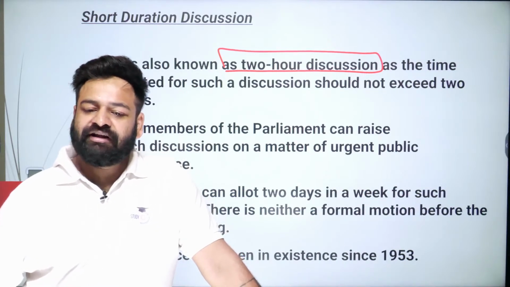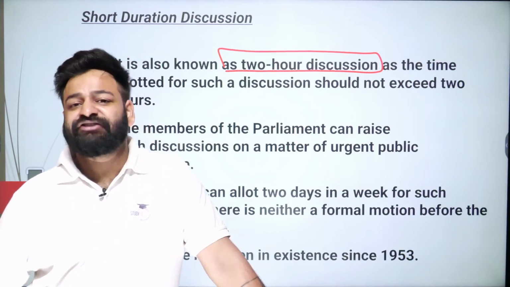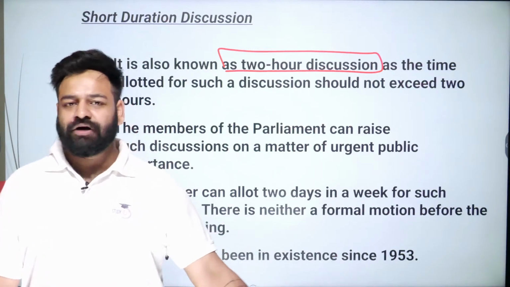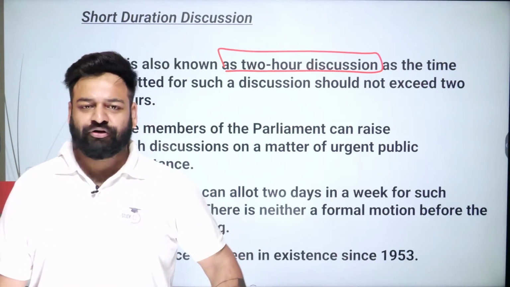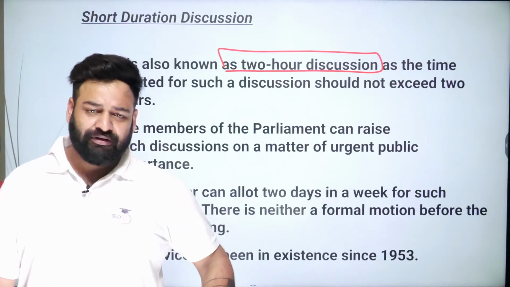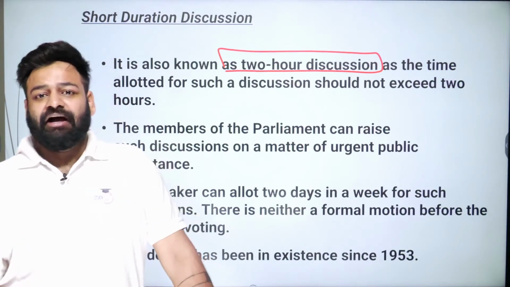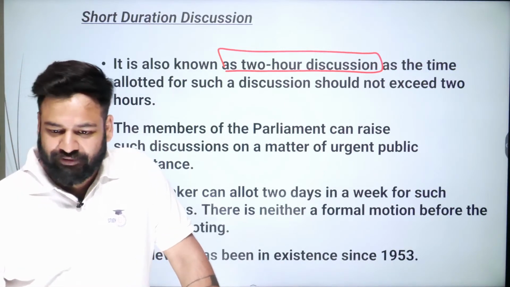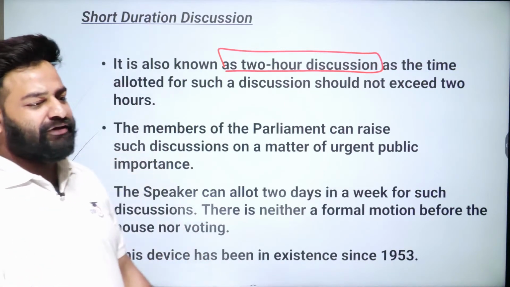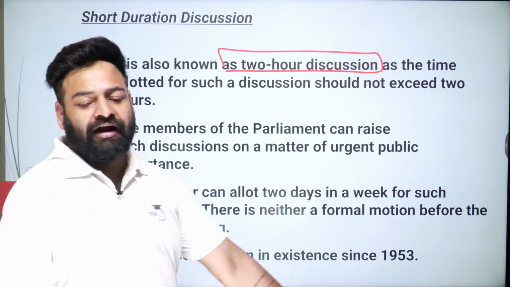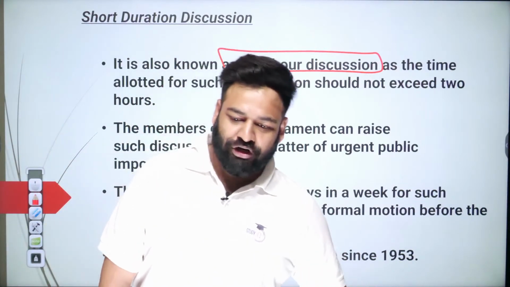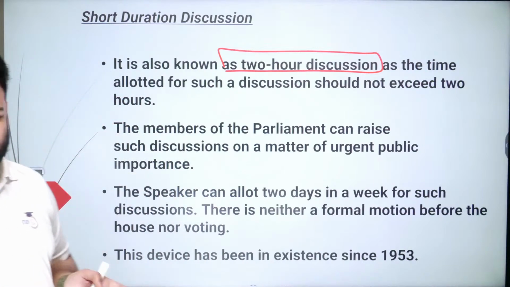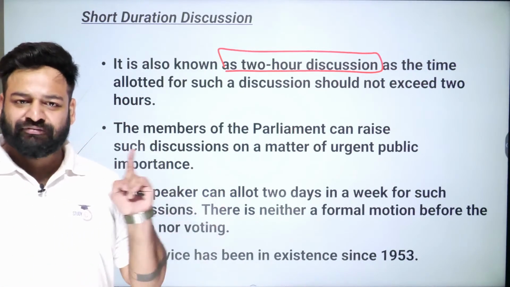Then the short duration discussion, also known as 2-hour discussion because it takes place for 2 hours, that is 120 minutes. Deciding authority, once again, the presiding officer. How many days a week? It is 2 days a week.